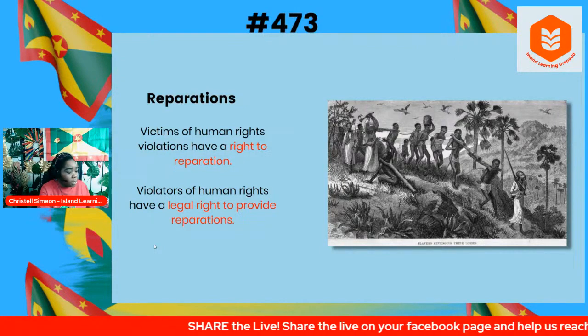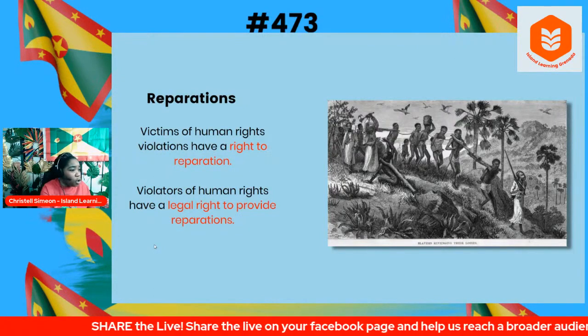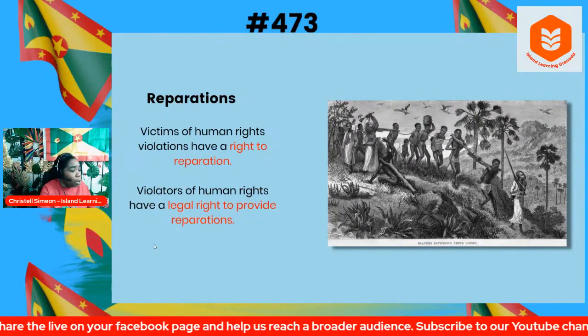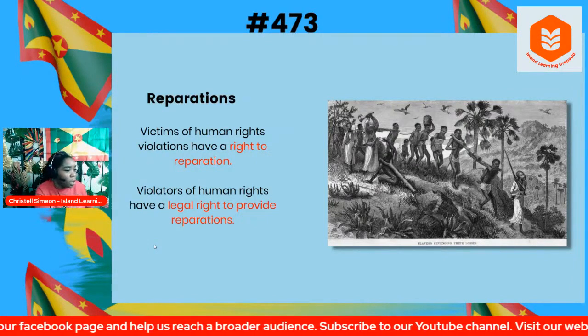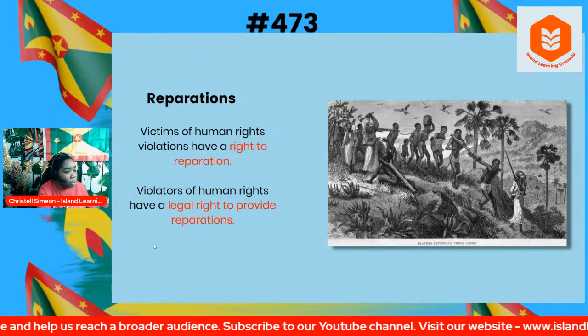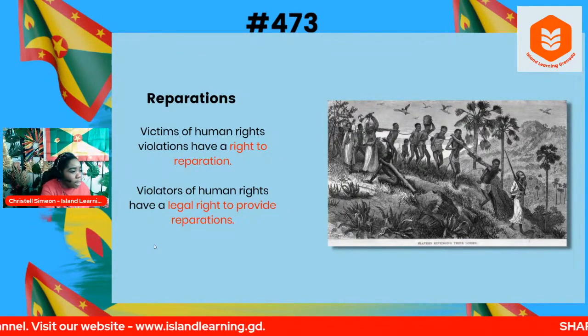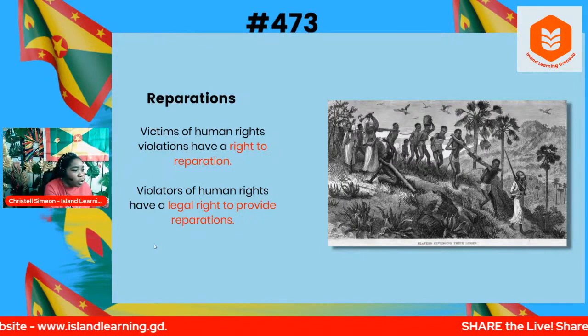And then the violators themselves, those who are believed to have done wrong in committing acts of violation of human rights, have a legal right to provide reparations. We're going to talk a little bit more about what exactly reparations could be in various forms.